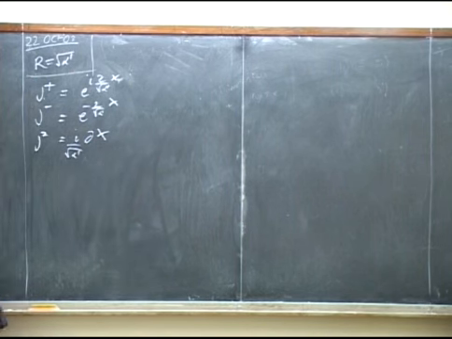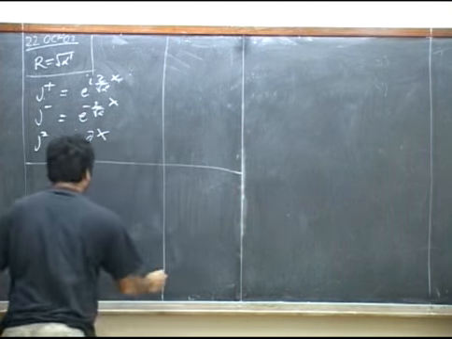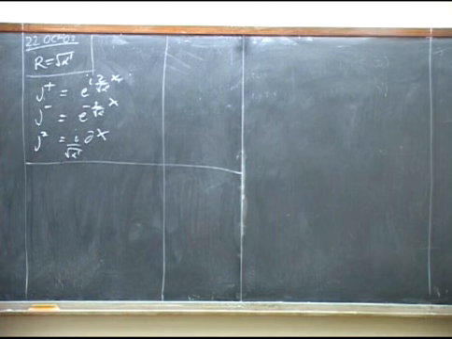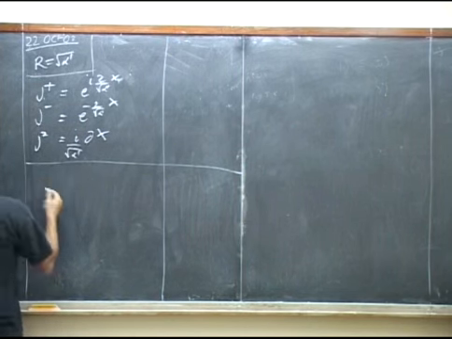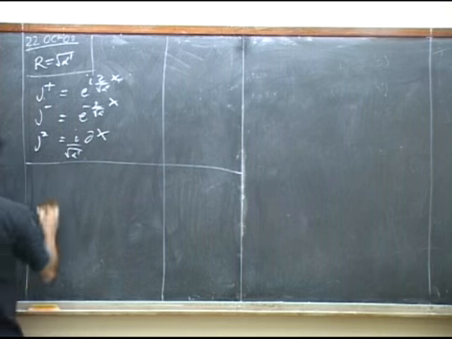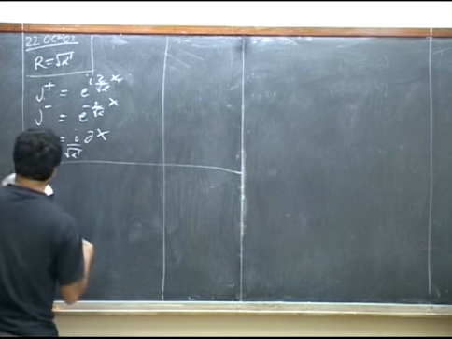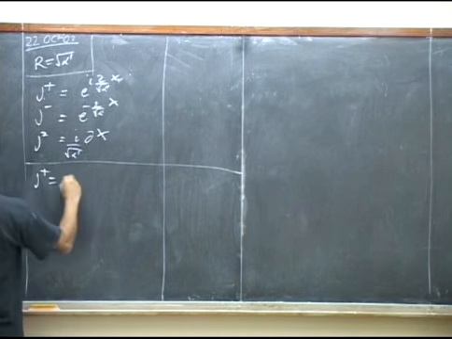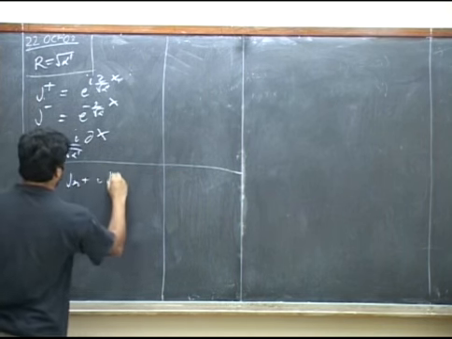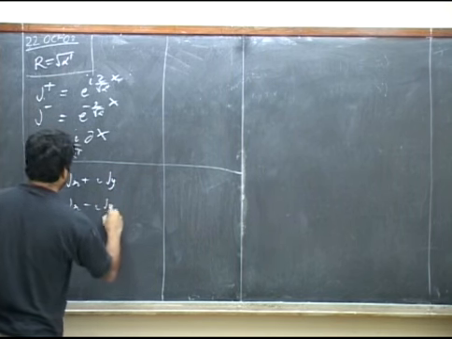And at the end of the last class, we demonstrated that these operators obey the SU(2) algebra. Namely, we made these linear combinations: j plus is equal to jx plus i jy, j minus is equal to jx minus i jy.